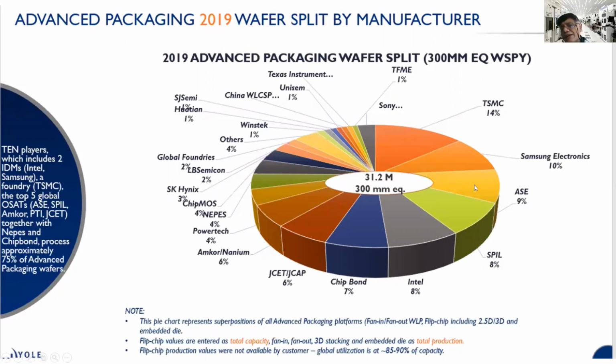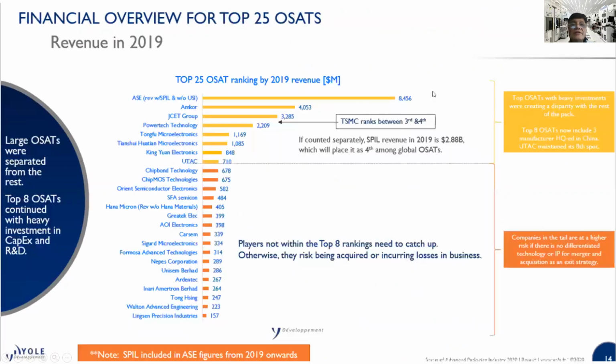So then ASE is an OSAT, or outsourced assembly test house, and they are the world's biggest, very innovative, and they again are a key player. Let me correct. It is not TSMC. It is ASE which took over SPIL. So if you take a look at it, this is what it is showing.